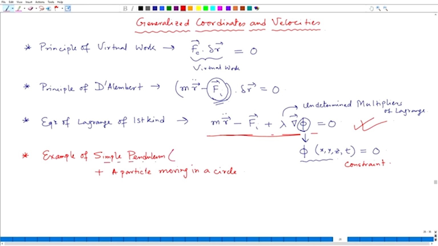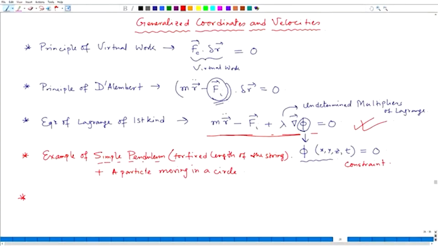For this simple pendulum, I did the case for fixed length of the string. Then finally, I mentioned two important points. The first one is that the Lagrange's equation of first kind can actually associate more than one constraint.